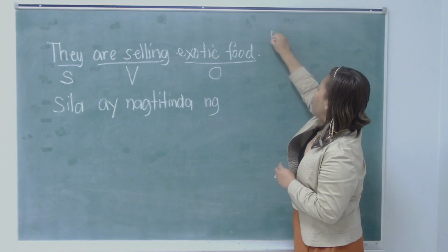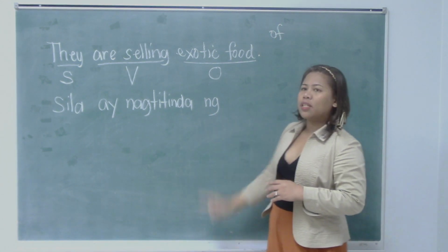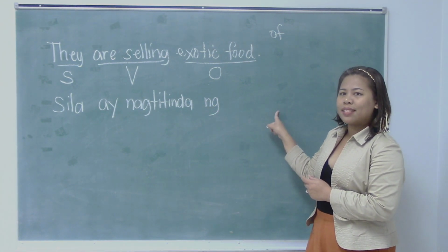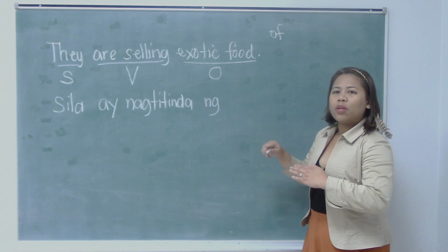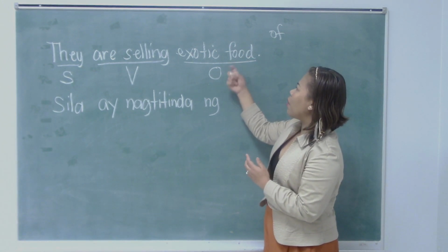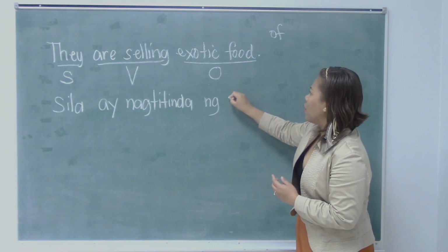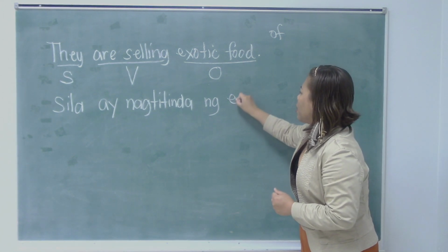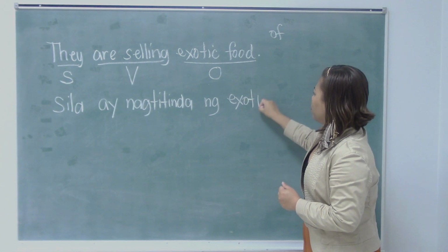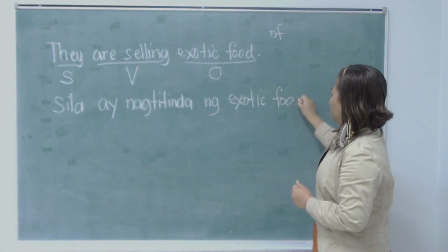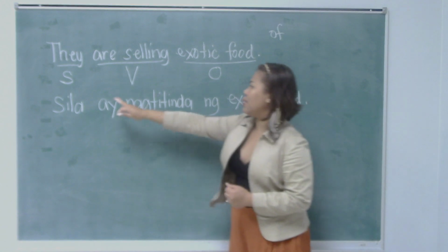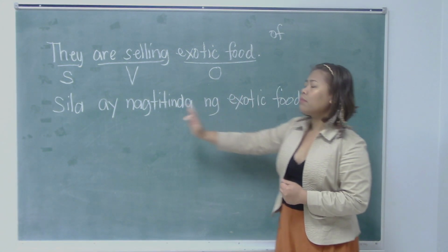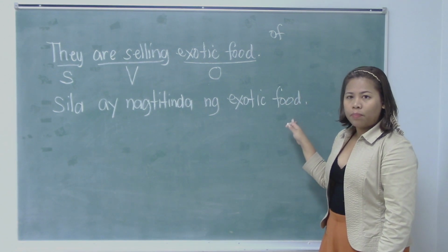Nang is like of, but this functions as an object marker. When you use this one, it means the next word introduces an object. So this is our object, so it's exotic food. We don't have a direct translation of exotic food, so we just got the exotic food. So in Filipino, we say, sila ay nagtitinda ng exotic food. And this is a complete sentence.